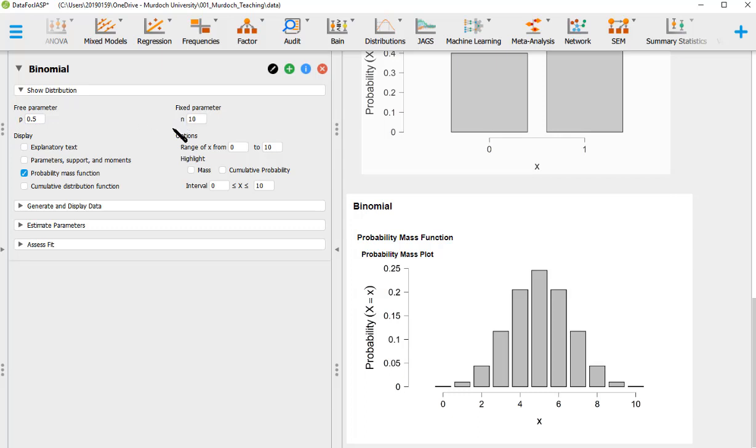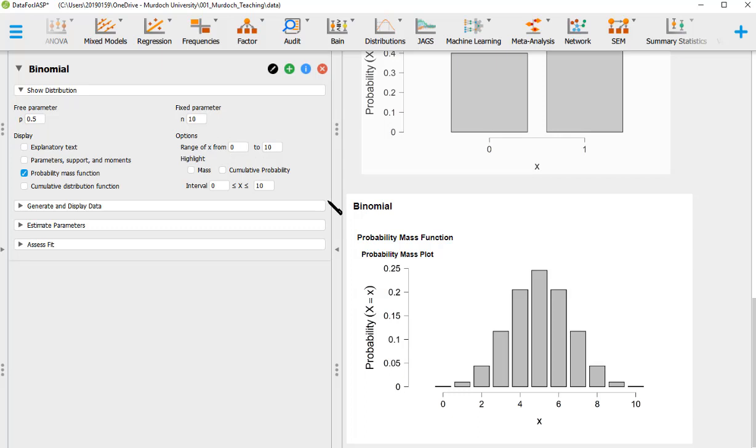Basically, the binomial distribution is equivalent to running Bernoulli trials several times, in this case 10 times. So n is the number of Bernoulli trials. And instead of being interested in the probability of success, we are interested in how many successes we expect if we run the Bernoulli trial 10 times.